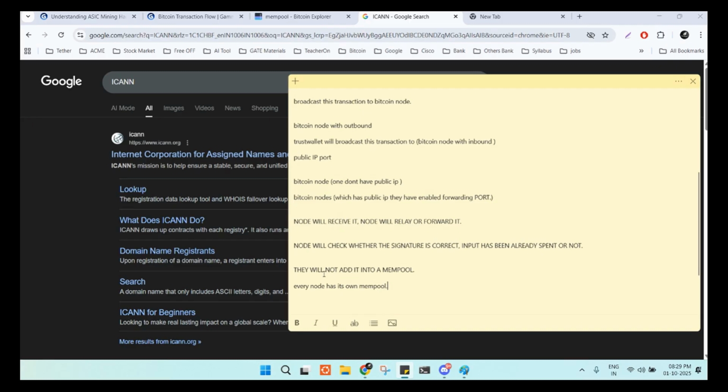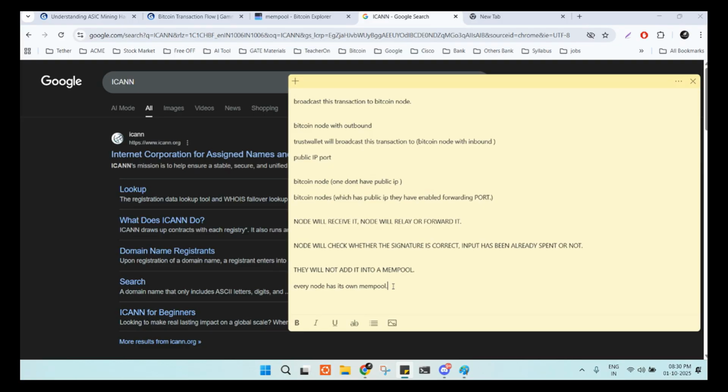Okay. So once I'm talking about they will not add into the mempool, that means the node which has received it has checked the signature. And once they are forwarding, exchanging and synchronizing everything, they will make sure they will not forward this information to the other nodes. These are the checks they will do to make sure of incorrect signatures and that double spending has not happened.